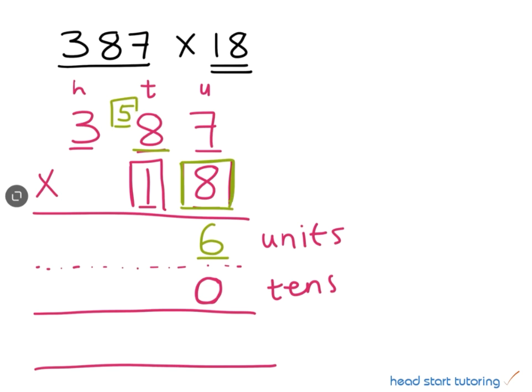Now we need to add 5 to our 64 to get 69. We carry our 6 over there. Still working with our 8 here, we say 8 times by 3 to get 24, and 24 plus our 6 gives us an answer of 30.